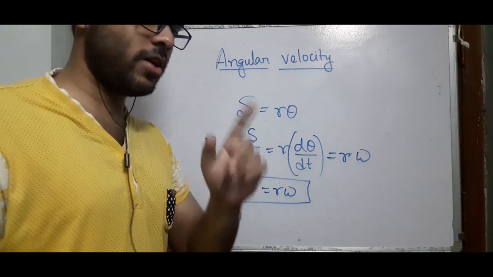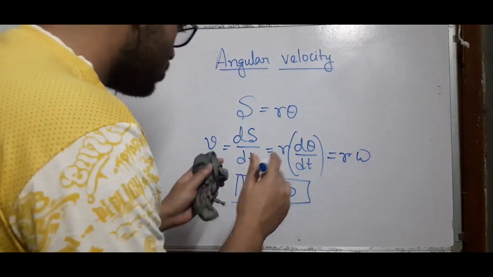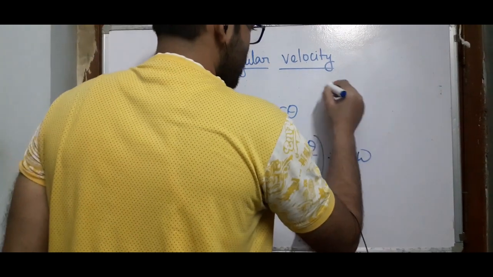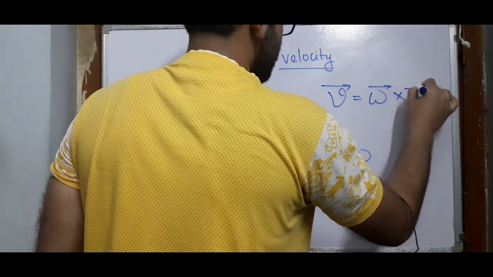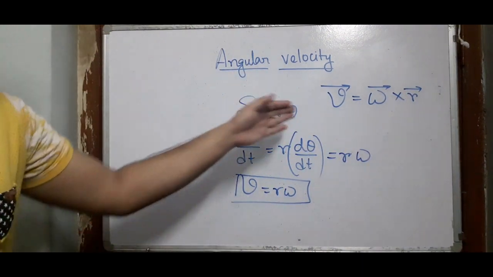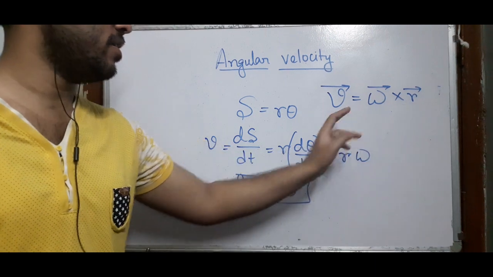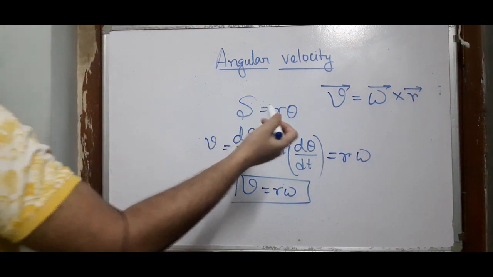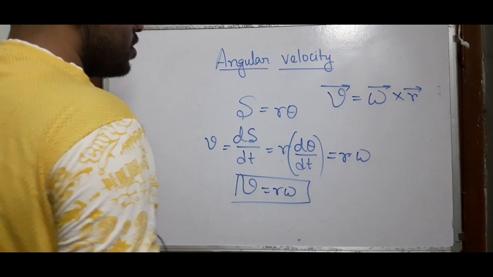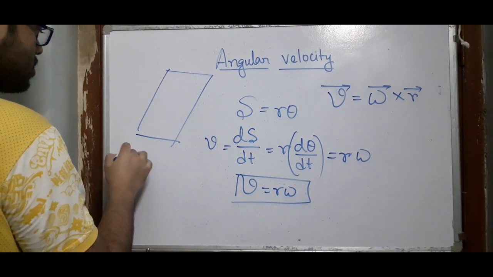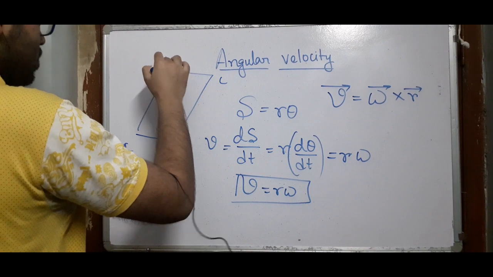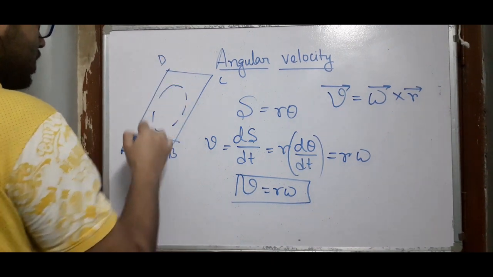Be careful, but if you are given vectors, then there is a useful vector relation, which is v equals to omega cross r. That will save your life while dealing with vector form of omega, r and v. So you see the vector v is perpendicular to the plane containing omega and r. So let us take the plane of rotation to be a, b, c, d as usual. The particle is rotating in a plane.